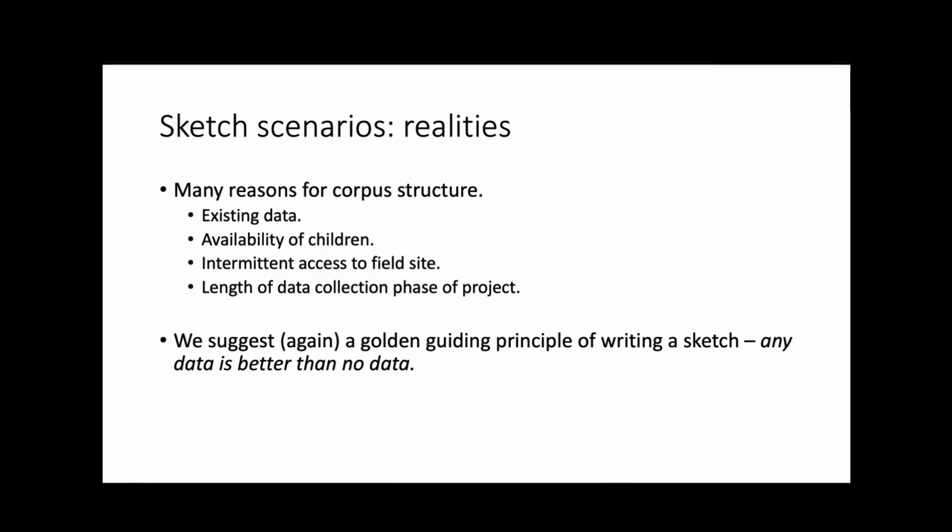It could be the availability of the children, or the number of children that are learning the language itself, if the language is endangered. You could have intermittent access to a field site or to a city, which may dictate the parameters of your sketch corpus itself. And of course, the length of the data collection phase of the project may restrict, or may end up structuring, the nature of your corpus for pragmatic reasons.